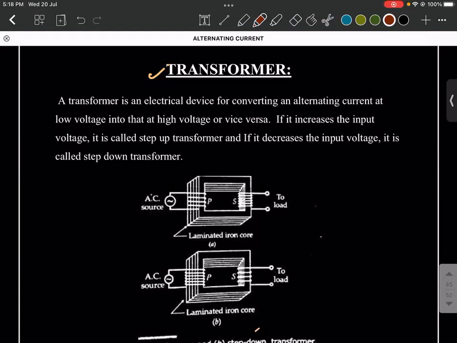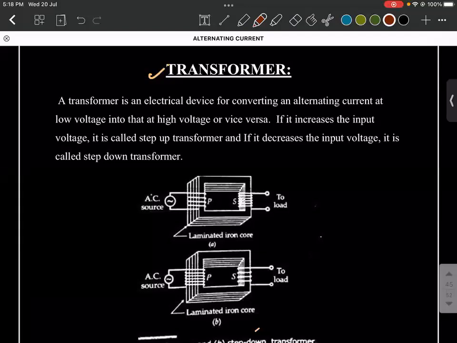If the high voltage needs to get converted to low, or you need that voltage to become even higher, then we use an intermediate device called a transformer. So what is the work of a transformer? It is basically to convert voltage from a particular value to another value. It can be a low value or a high value.